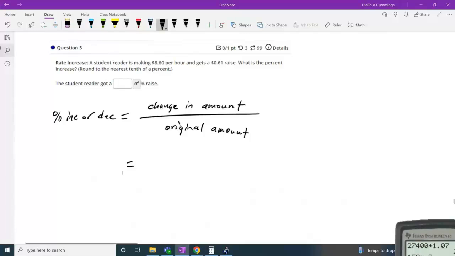So here the change in hourly wage was 61 cents. So that's going to be my numerator, 0.61. And I know this is an increase because the reader's wages increase per hour. I'm going to divide that by the original amount, in this case, which is $8.60.